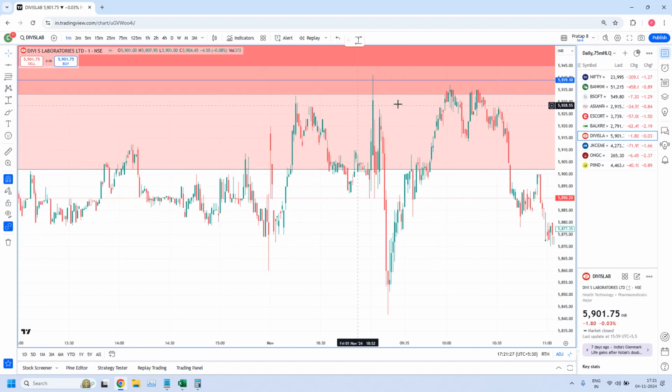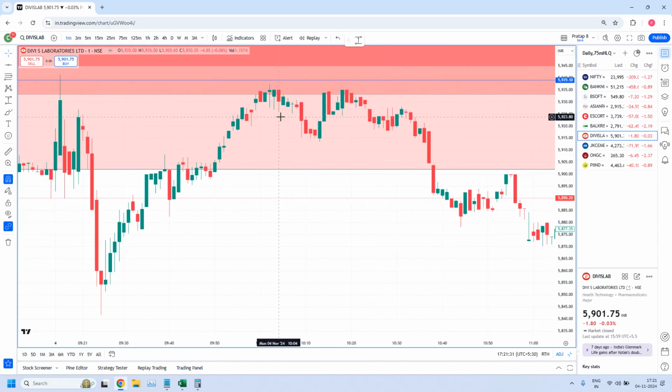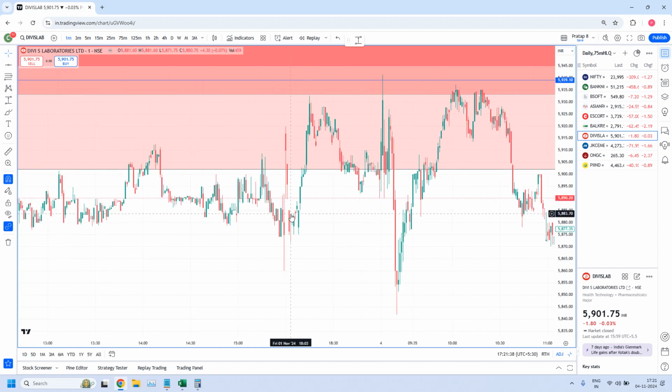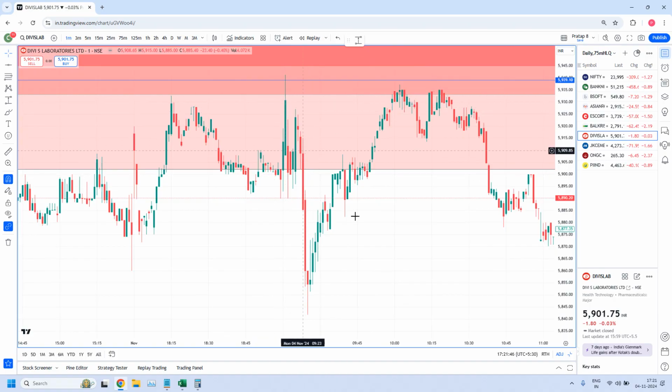So this is your entry. See, prices entered inside. This is the morning 9:16 candle. I thought it was morning 9:15 and I avoided this. After that prices reached, they didn't cross this blue color line. That's why these trades are ignored. But this is a successful trade.